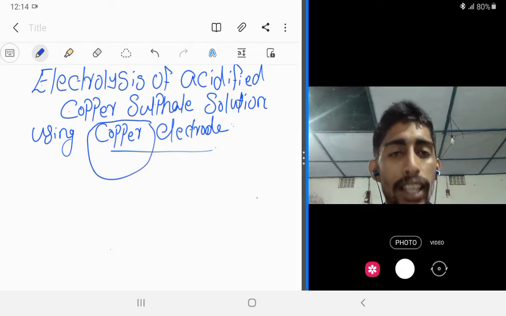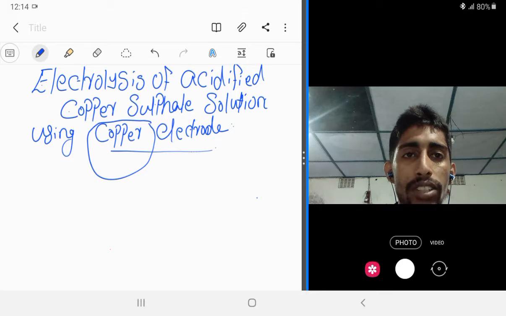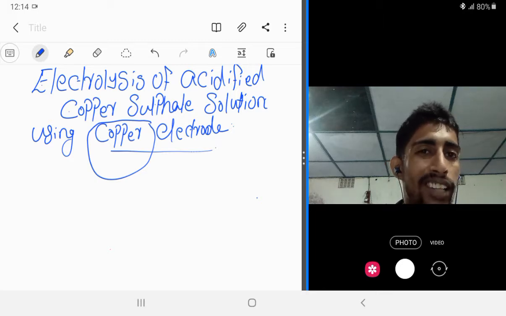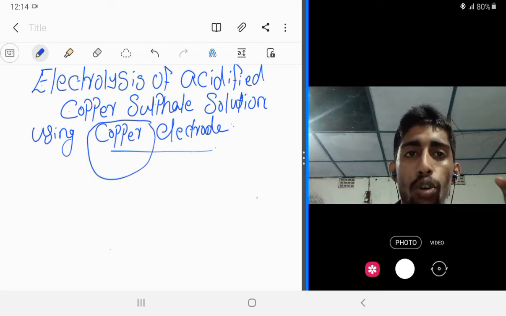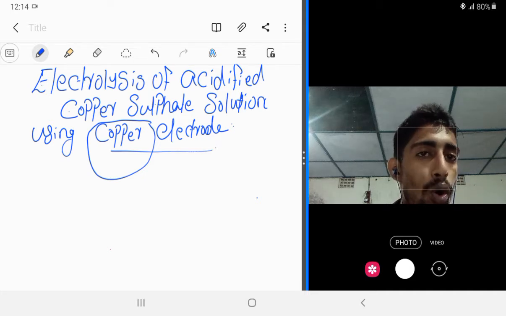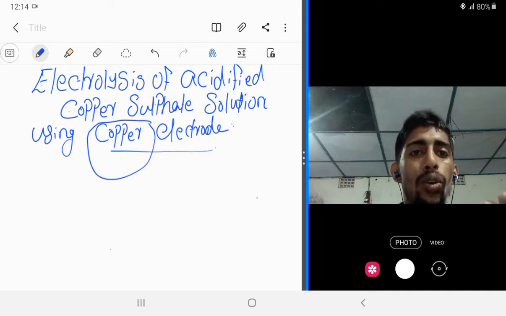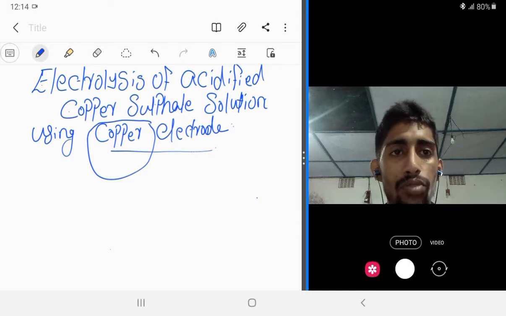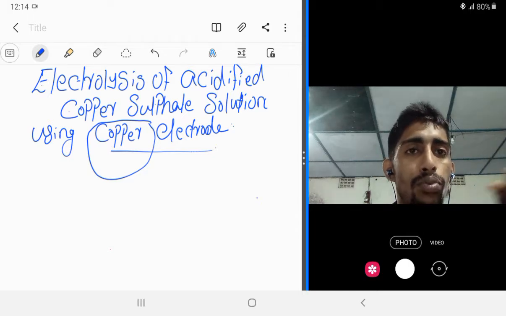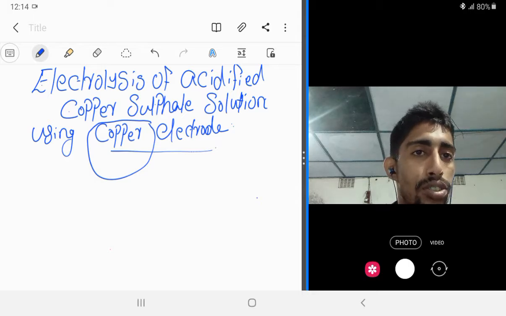Is copper active or inactive? We know that copper is an active electrode. So how to write the total reaction would be different. We are going to discuss those things.